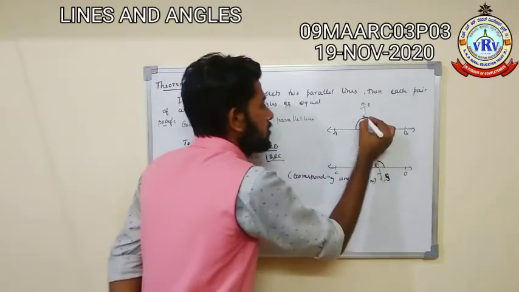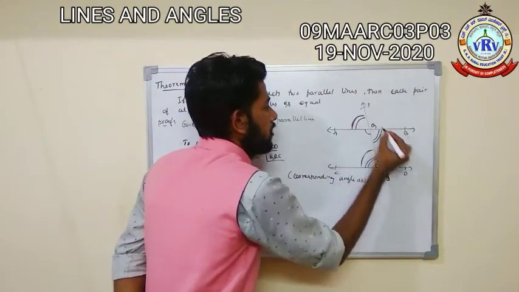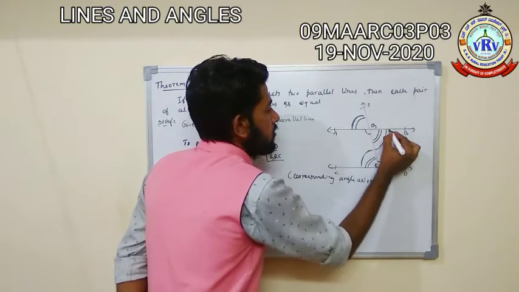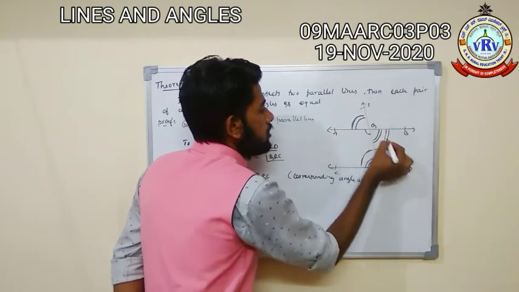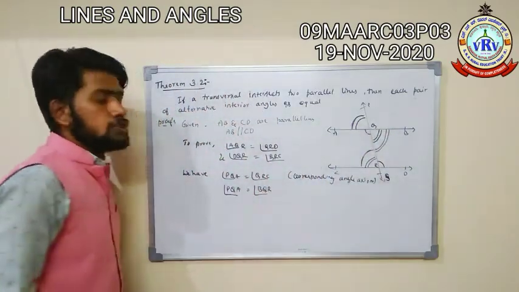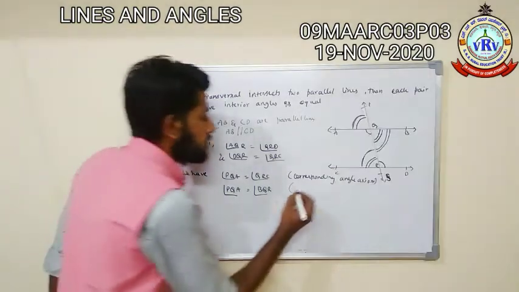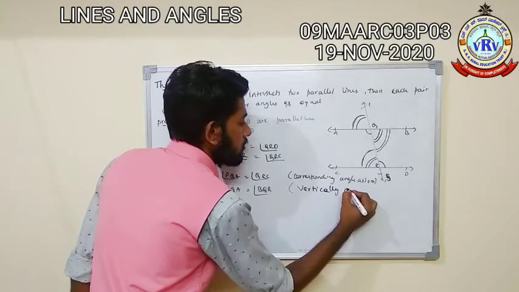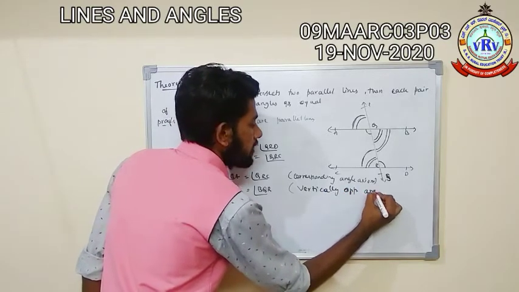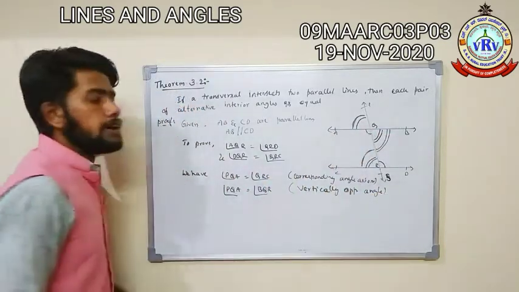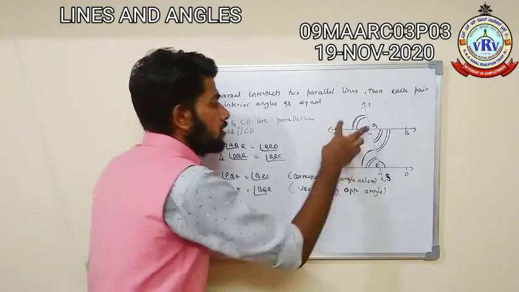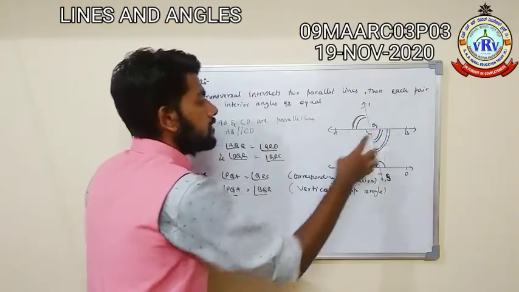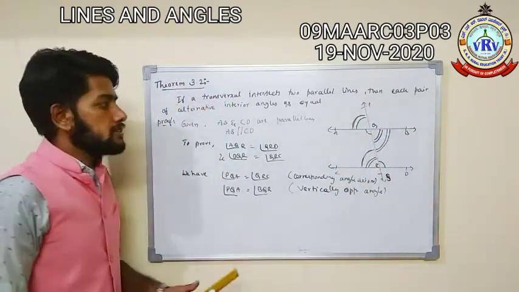Look at this, PQA and BQR. These two angles, I am telling, are the same. They are vertically opposite angles, isn't it? We know if two lines are intersecting, then the vertically opposite angles are the same.